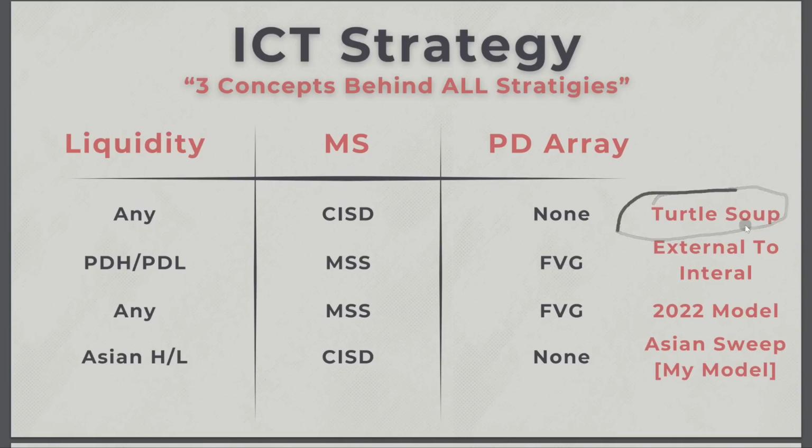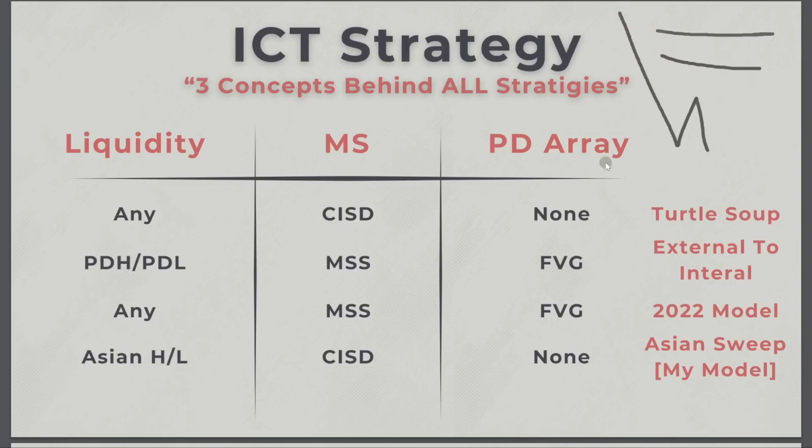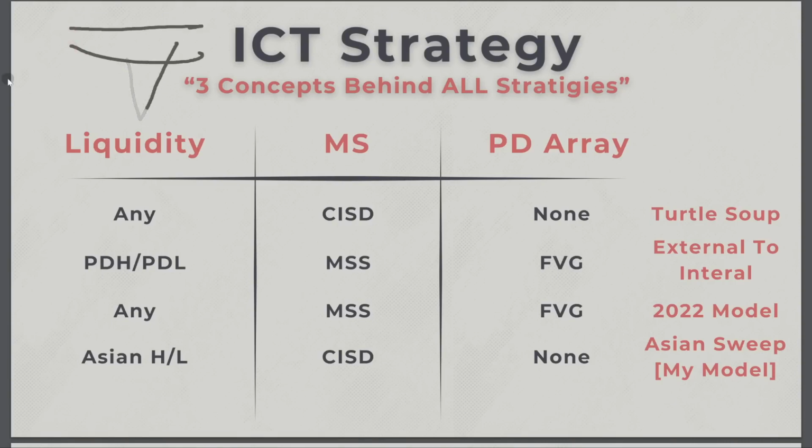Now let's say that there are some people who are coming with external to internal. So let's say, for example, taking previous day high or previous day low, then returning to the internal structure, right? So taking, let's say, price is coming lower, taking the previous day low, going to internal here. How do we deal with this? What is this based on?